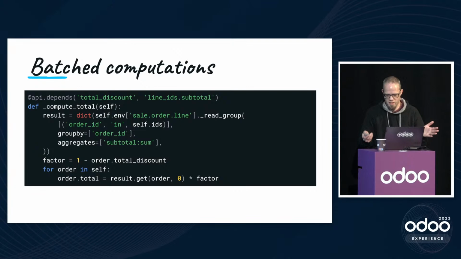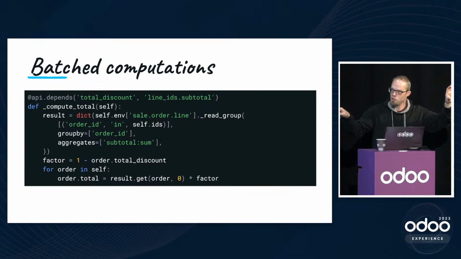It also has facilities for computing the values, so that's the formula, which is optimized if you have to compute it for many records. So it's exactly the same computation, but in case you have sales orders with thousands of lines, this API essentially says, okay, look at the sales order lines corresponding to the records I have here, group them by sales order, and sum the subtotals by sales order.